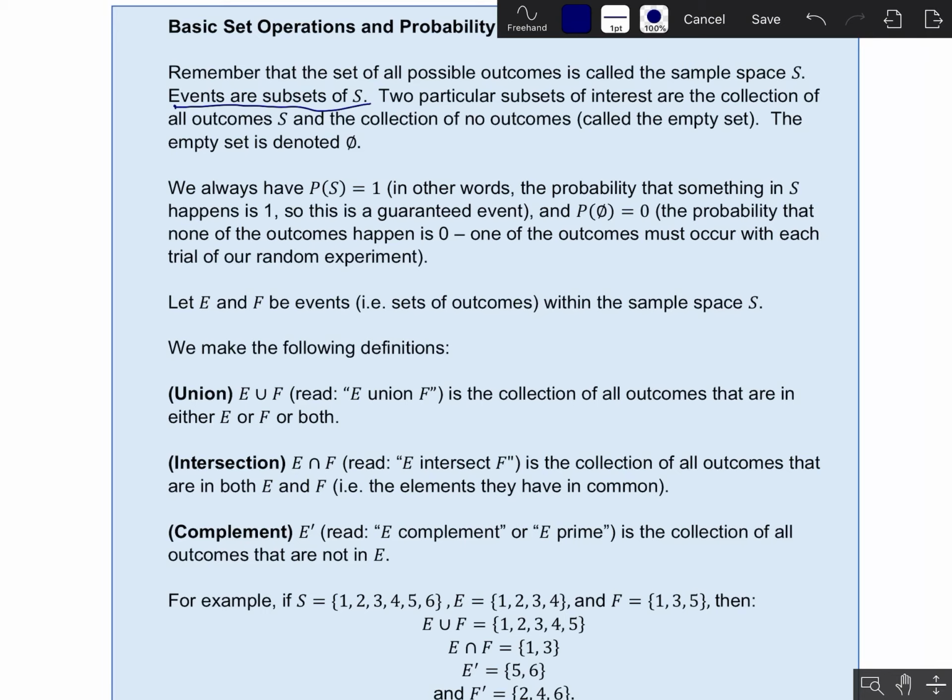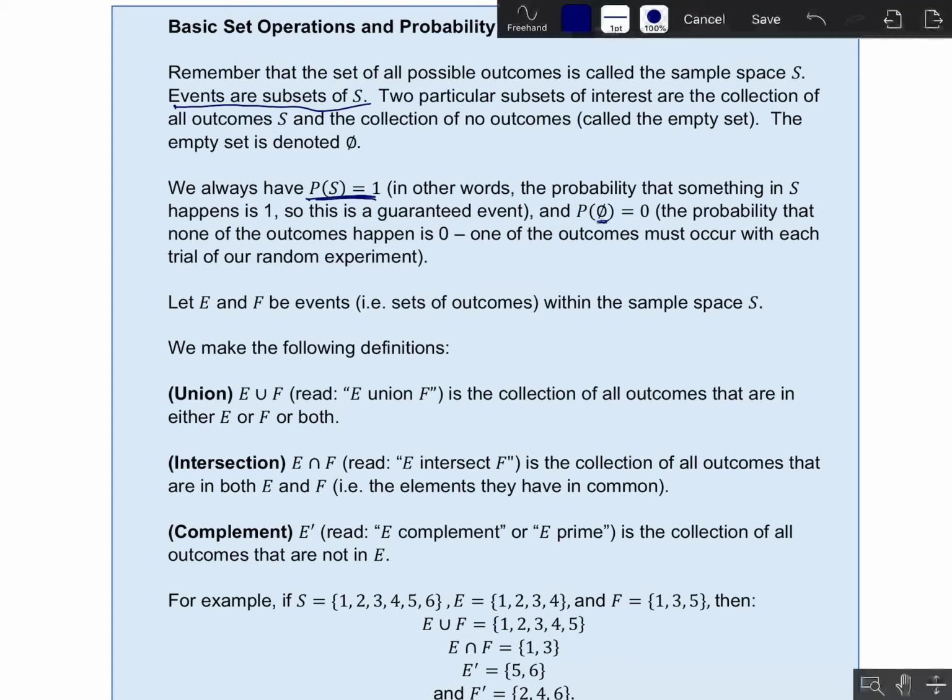We will always have that the probability of the sample space itself is 1, because something in the sample space is guaranteed. So the sample space is itself an event. It's just the full set of outcomes. There's also a way to express the empty event, and that would be using the empty set notation.